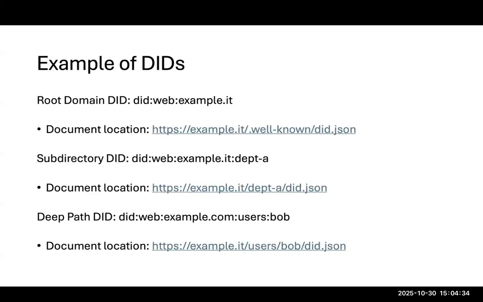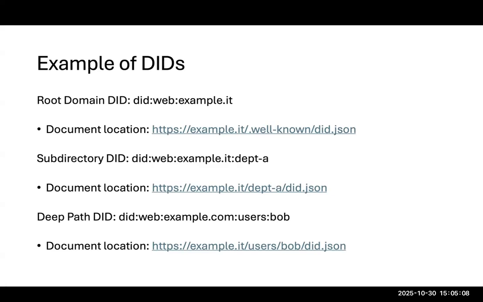Let's see some examples. Root domain DID. Essentially, you are using the root of your location: did:web:example.it. So essentially, the location of the DID document is https://example.it.